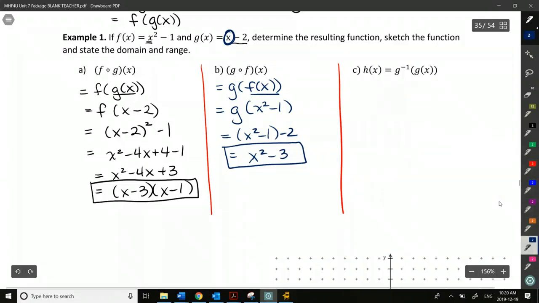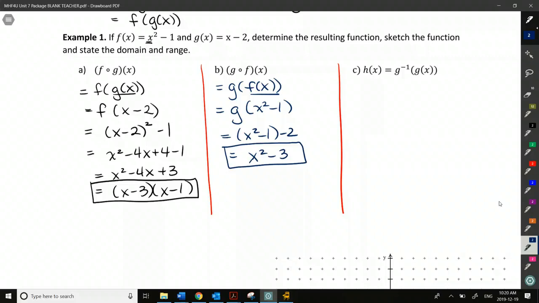All right, and then this is asking us to sub in g at x into g inverse of x. So we have to remind ourselves of how to find an inverse, right, Claire? Yes. And I think this one's not too bad. What's the opposite of subtracting 2 from x? Adding 2, yes.